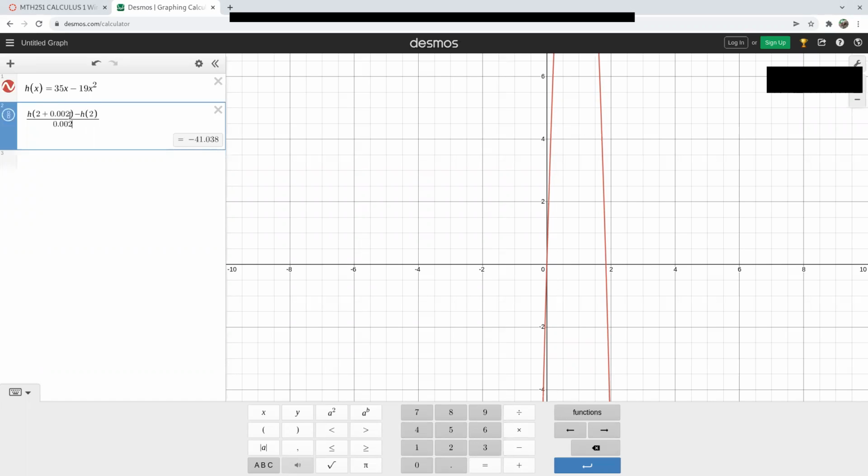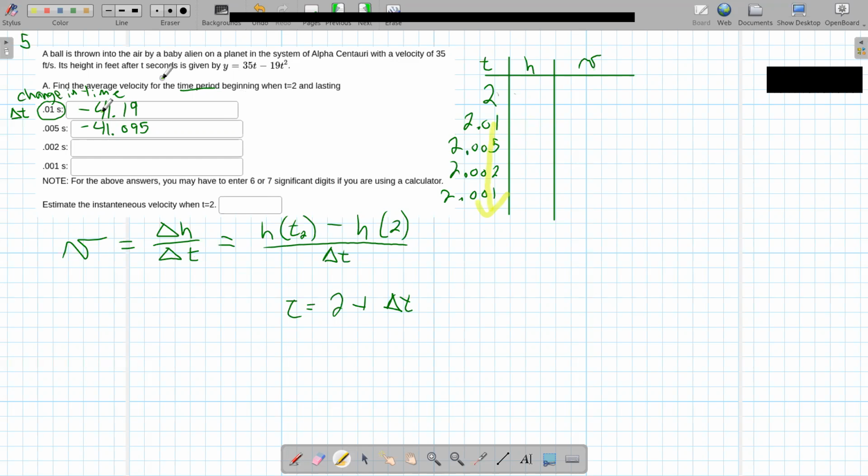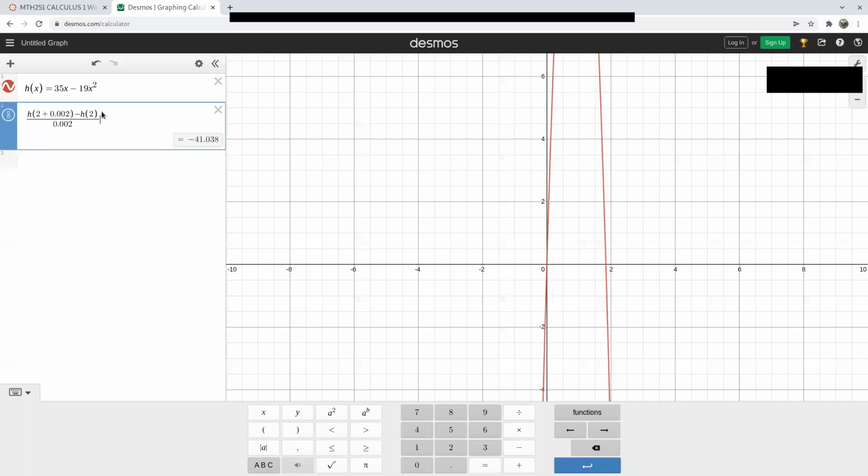Negative 41.038. Change to a pencil, please. So my guess, and I'm just going to put it here right now, is negative 41, but maybe there's some more decimals there. So the next one, 0.001, negative 41.019.